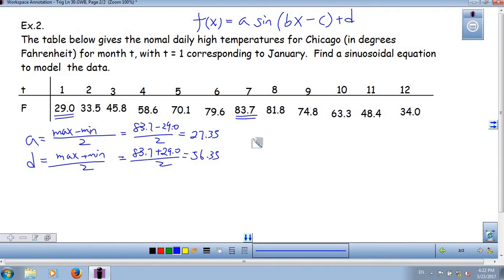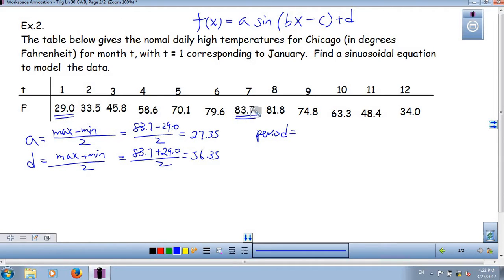Then let's determine the period. Like in the previous example, the period will be twice the time from minimum to maximum or maximum to minimum, or it will be the time from maximum to maximum. As you can see, we can count. From July, until the next time it hits maximum, it will be July again.